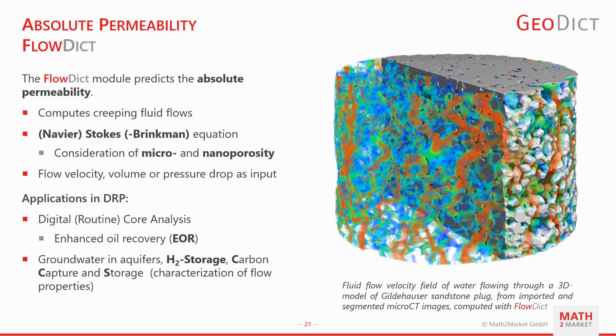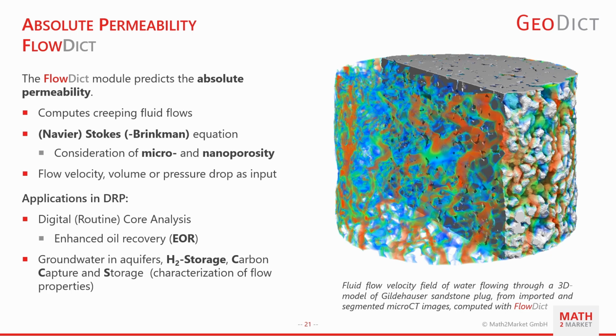On the right-hand side, a 3D representation of the Gildehauser rock with its computed corresponding flow field is visualized. In GeoDict, important information about digital rock samples and the fluid flow behavior within the structure can be gathered. We can also consider the effect of microporosity on permeability.